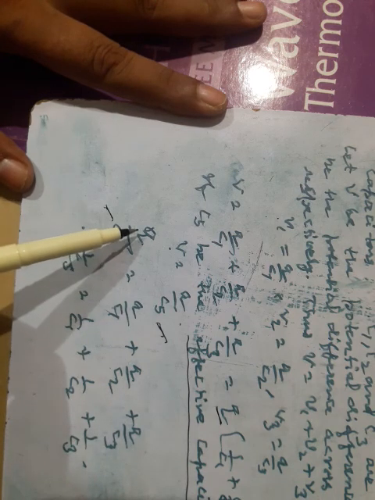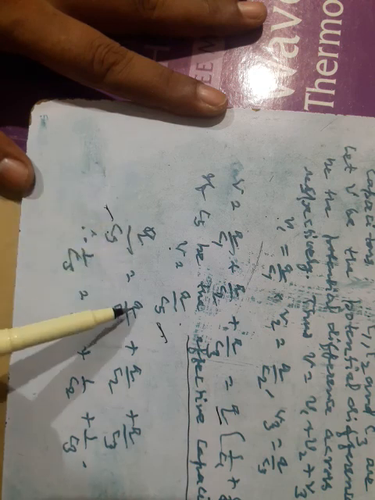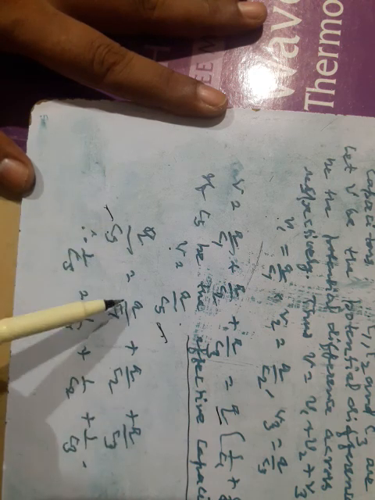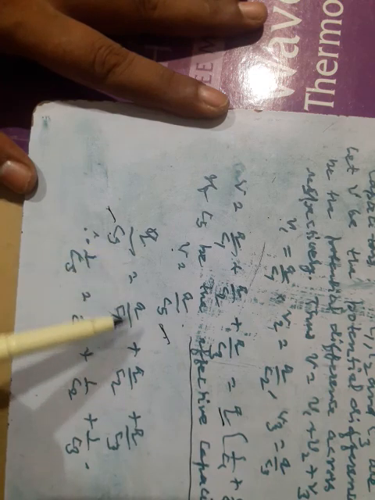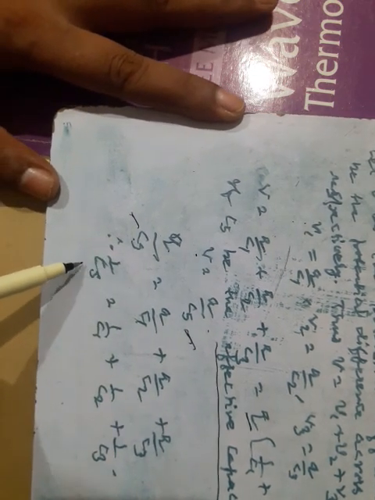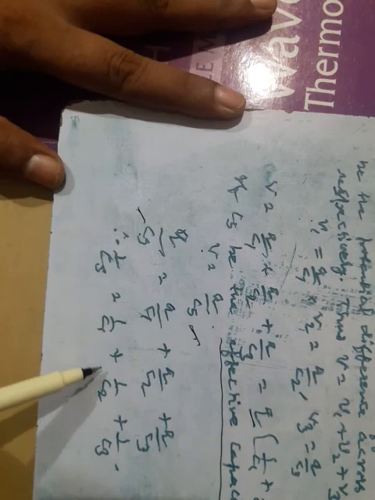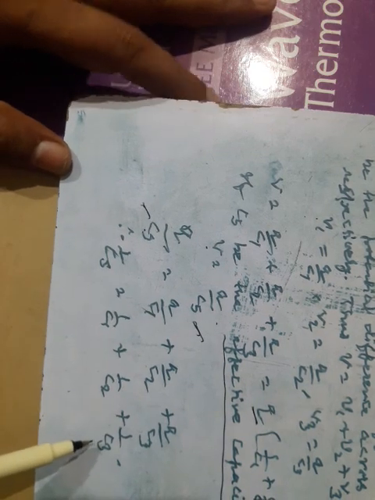Now you will observe Q is on the left side and common Q is on the right side. So what will you do? You will cancel Q. Now finally 1 by CS is equal to 1 by C1 plus 1 by C2 plus 1 by C3.